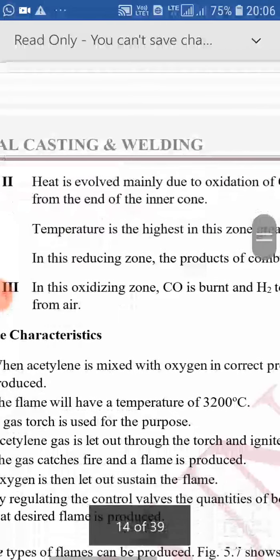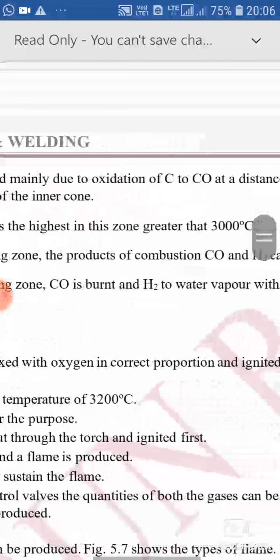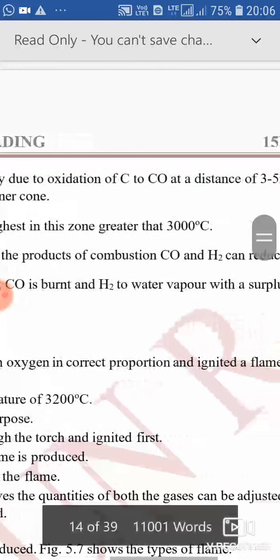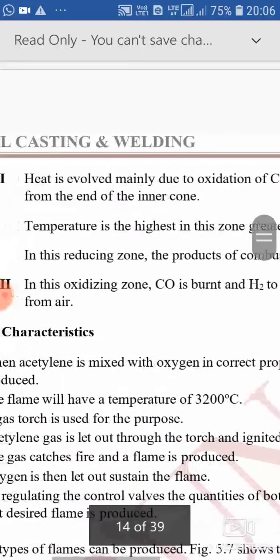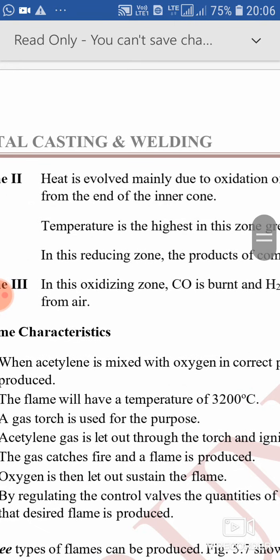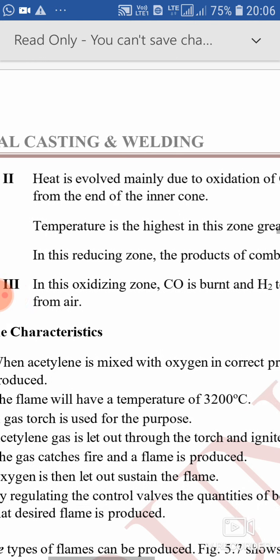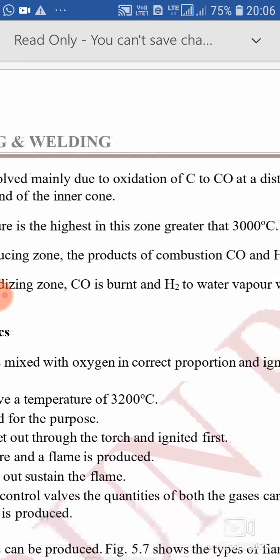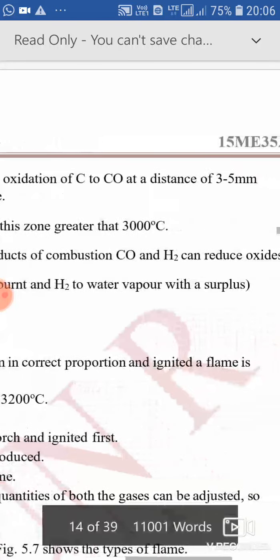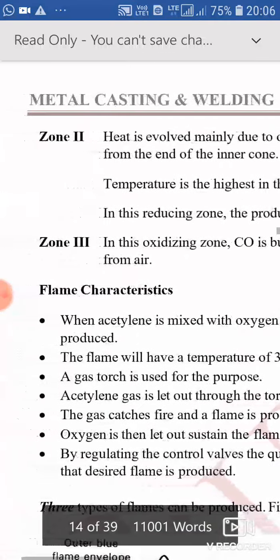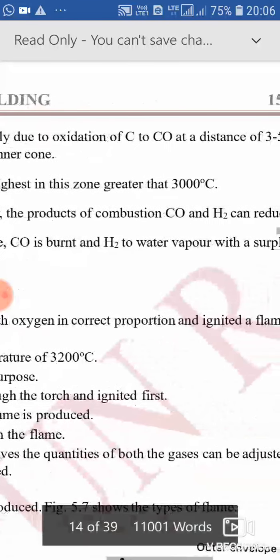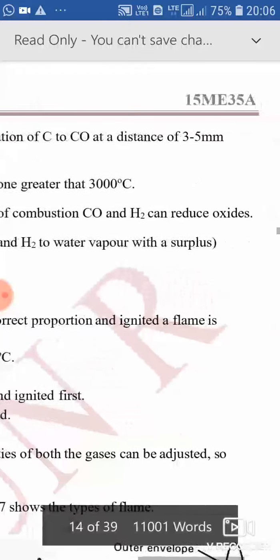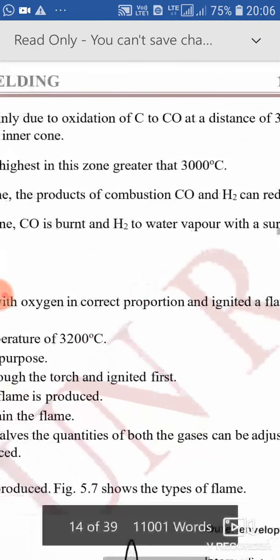Heat is evolved mainly due to oxidation of C to CO at a distance of 3 to 5 mm from the end of the inner cone. Temperature is the highest in this zone, greater than 3000 degrees centigrade. In the reducing zone, the products of combustion, that is CO plus H2, can reduce oxides.